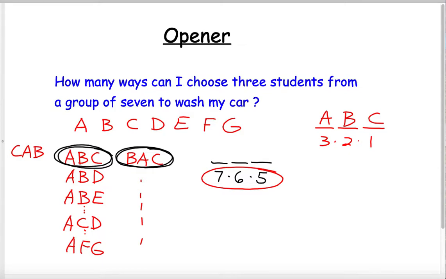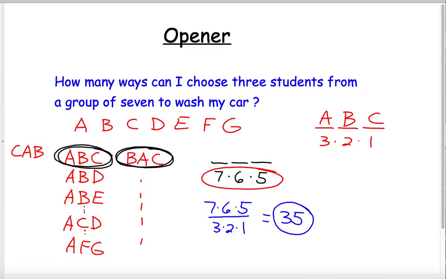So I'm going to want to divide that. So I have 7 times 6 times 5, but the order doesn't matter, so I'm going to divide that by 3 times 2 times 1. And so that winds up giving me 35. I have 35 choices of which 3 students I can choose to wash my car.